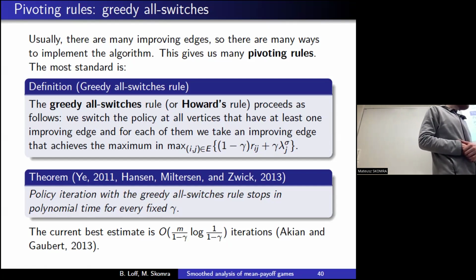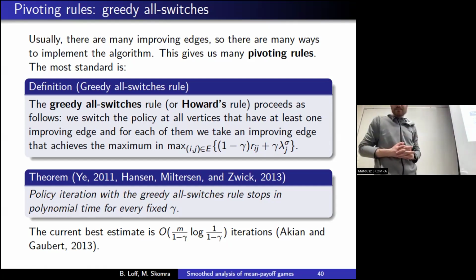So with a fixed gamma, you do this many iterations at most. But again, this is only for fixed gamma. Also, you see that this bound doesn't depend on W, on the payoffs. It's a combinatorial bound that only depends on this. So this is how we can solve these games efficiently for a fixed discount factor.